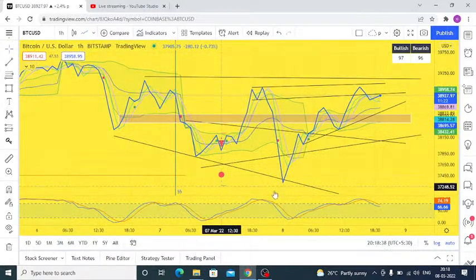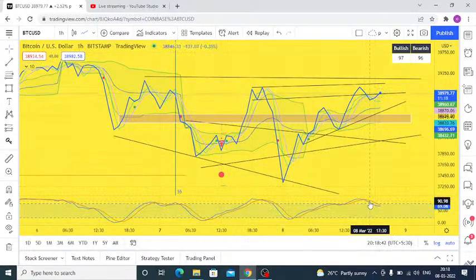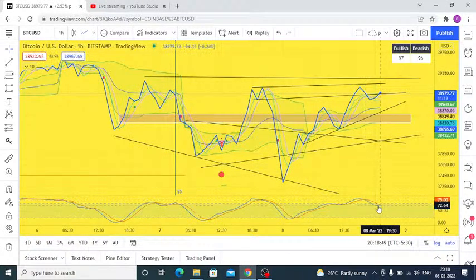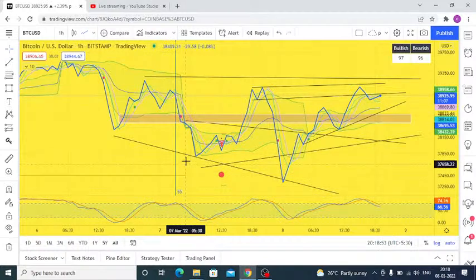Now the stochastic is actually not supporting, but peak and trough. This is also a peak.